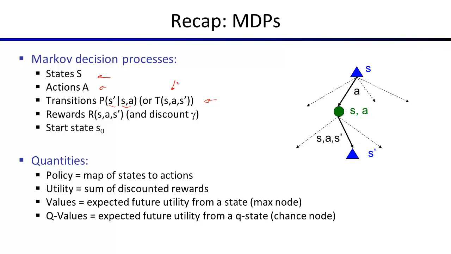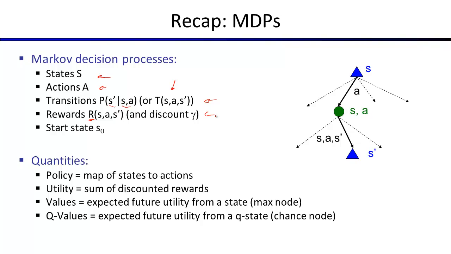With the transition from s through action a into s', there's a reward associated with that. So the reward function is a 3-dimensional table in general. And these rewards could be discounted, where the reward at time 0, or at the first time step, is not discounted at all. At the next time step it is discounted by gamma, the next time step gamma squared, and so forth. And then there can be a start state.